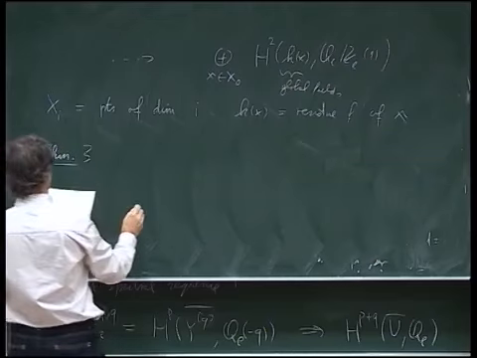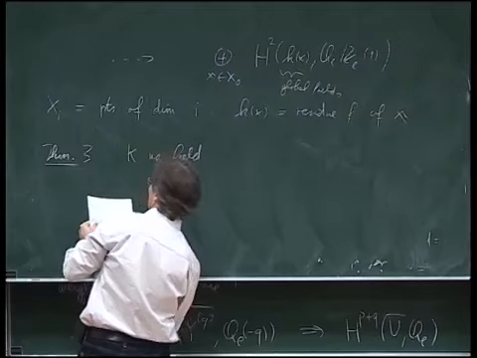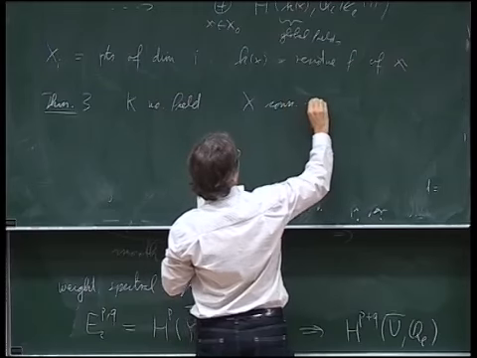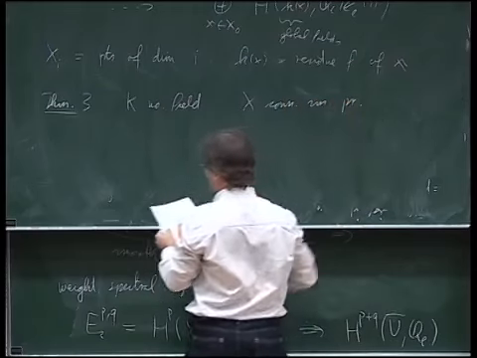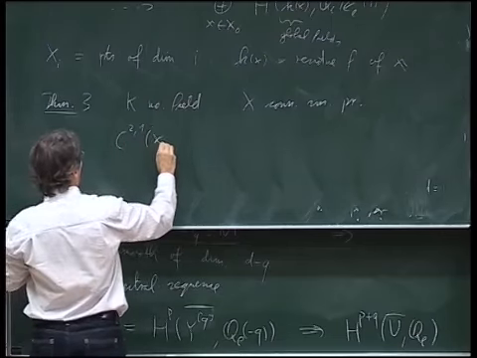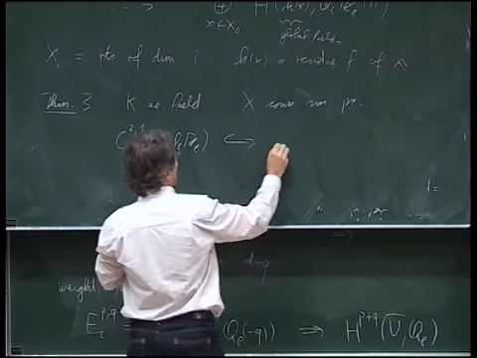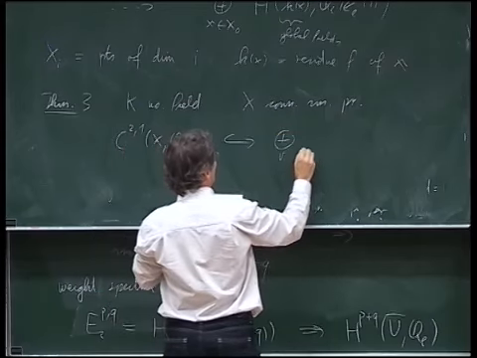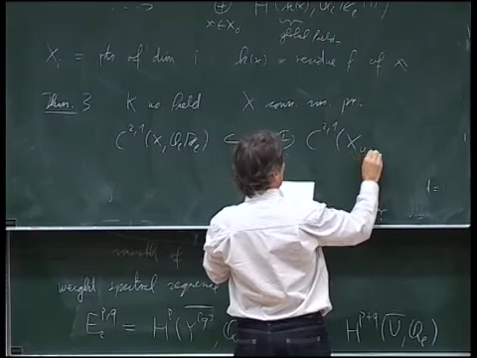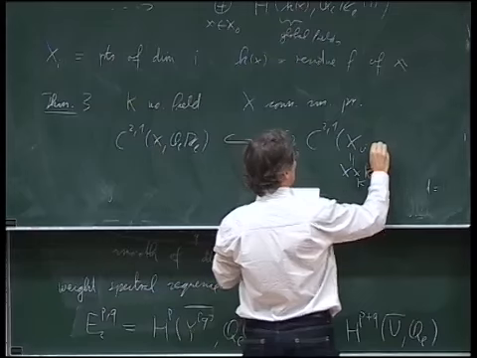Theorem 3. So in this case, a number field again. Same X connected, smooth projective. Then C21 over the global field embeds into the direct sum of the C21s of the X_v, where X_v is just X times K_v, so just the base change.